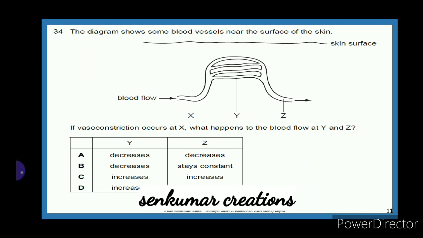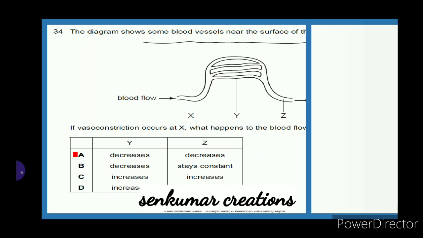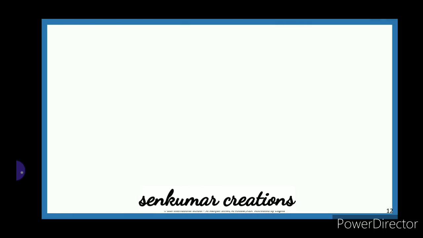It decreases, because constriction means the lumen becomes very less and the diameter is decreasing, so a smaller quantity of blood is flowing. So Y also decreases and Z also decreases. Let's see the next question.